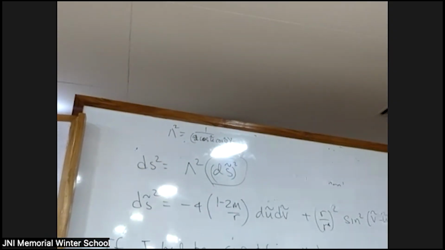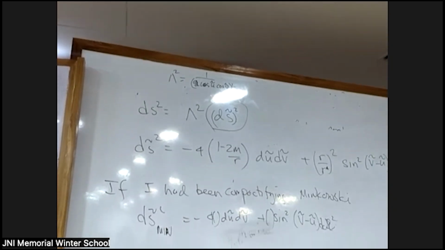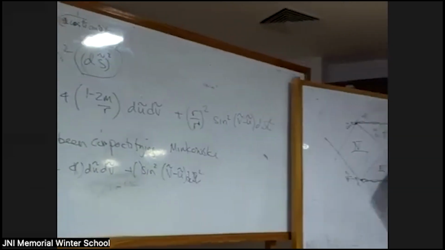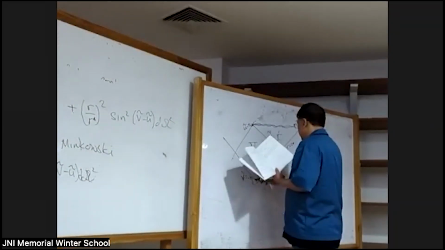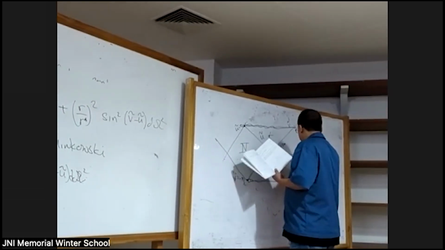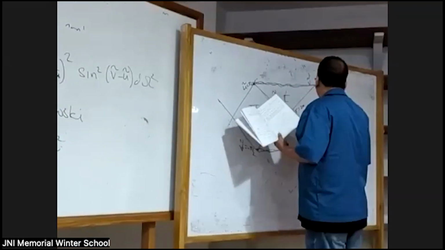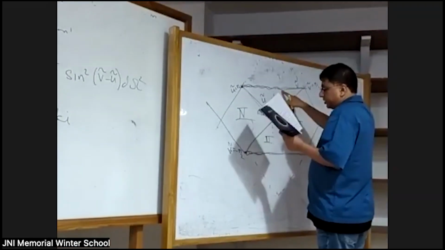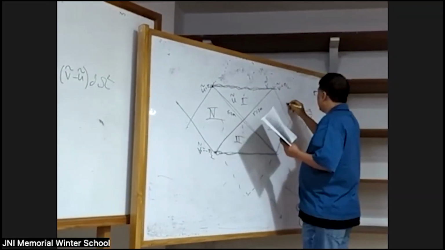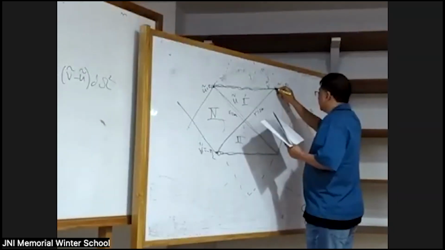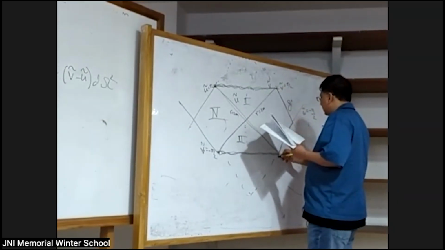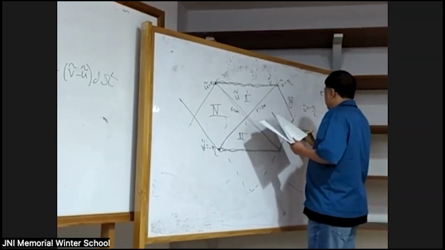Well, let me just label these things here. This is r is equal to 2m. This is also r is equal to 2m. This is r is equal to 0. This is what we call scri plus. This is what we call scri minus.